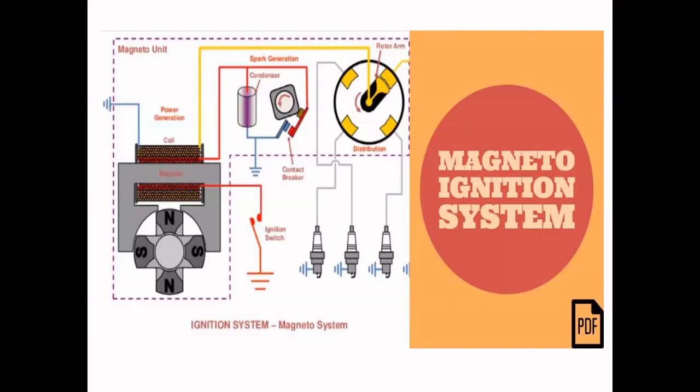Keep in your mind, the distributor will supply the high voltage current received from the magneto to different spark plugs for producing the spark required for combustion in the combustion chamber, according to the firing order of the engine.